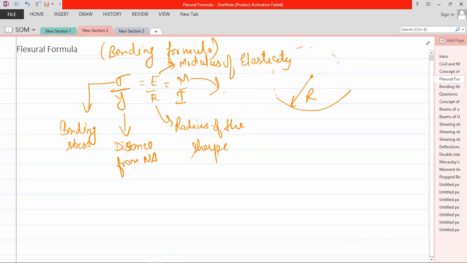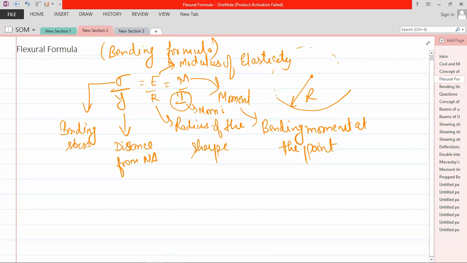M is the moment acting at this point, that is, the bending moment at the point. And I is the moment of inertia at the neutral axis.